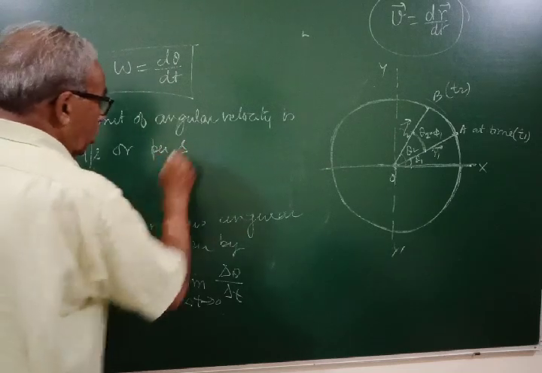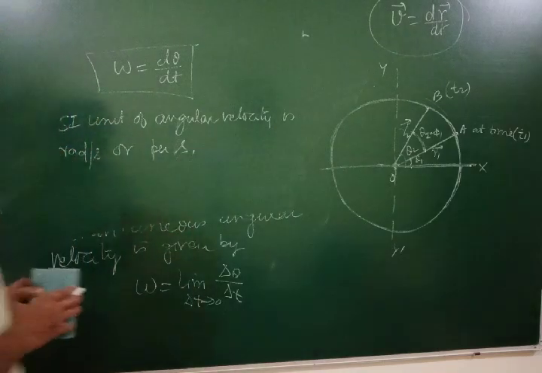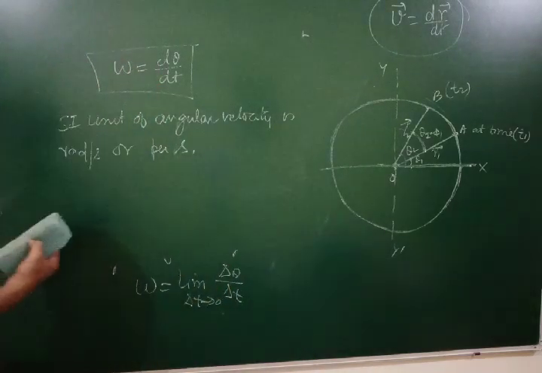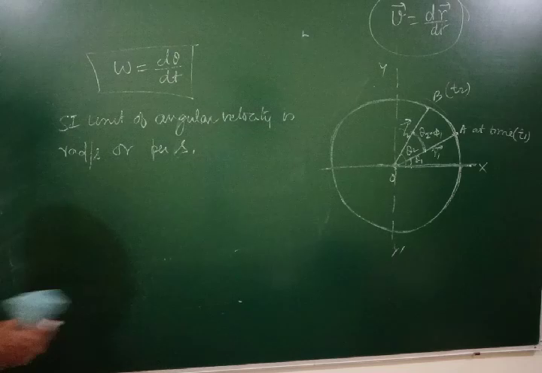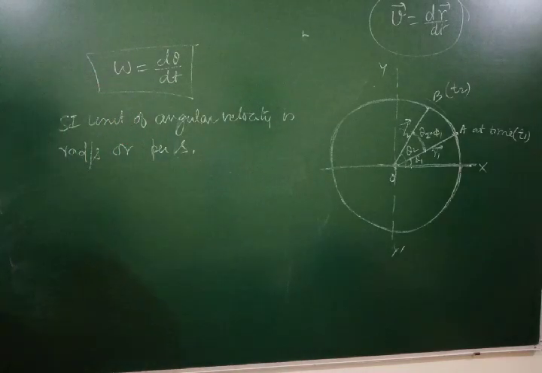This s will be small here. Per second means something happening per unit time. That is also called frequency.